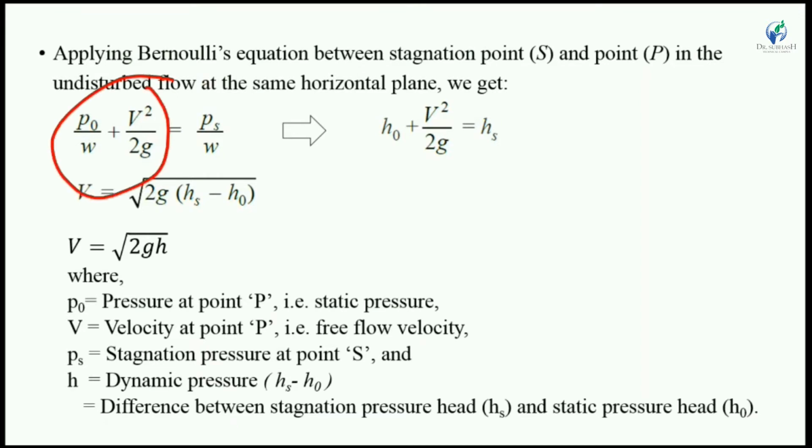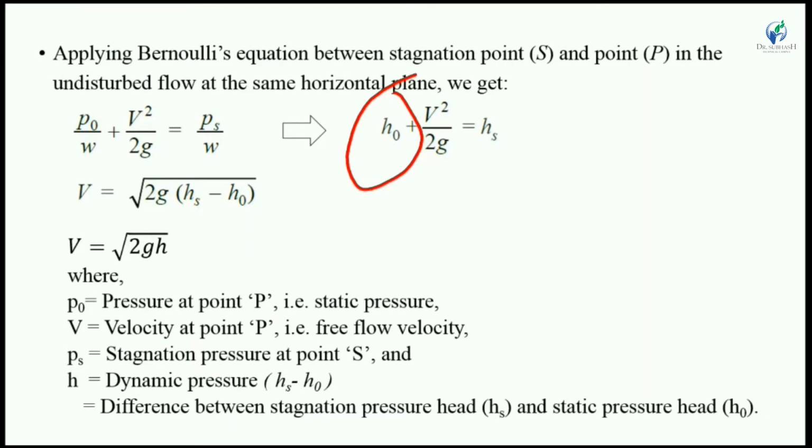Now at point P, there is pressure energy P0 upon specific weight and kinetic energy V square upon 2g, and potential energy is not considered because it is cancelled.